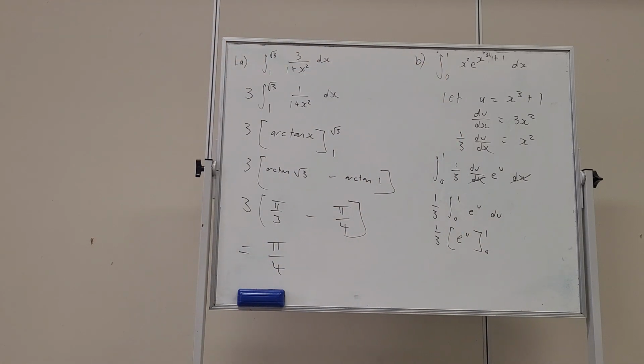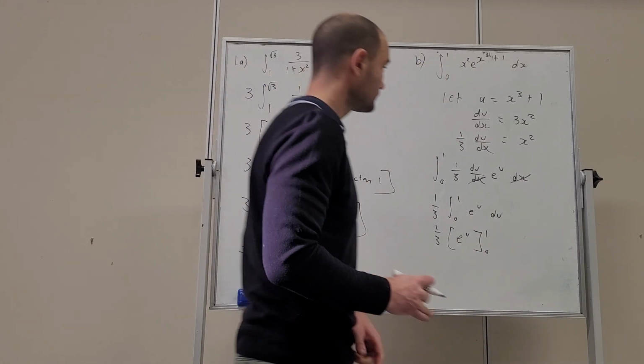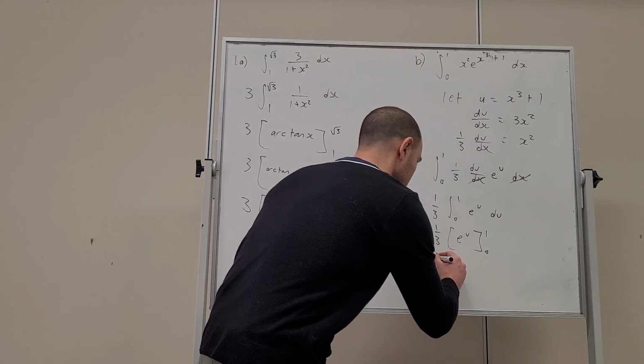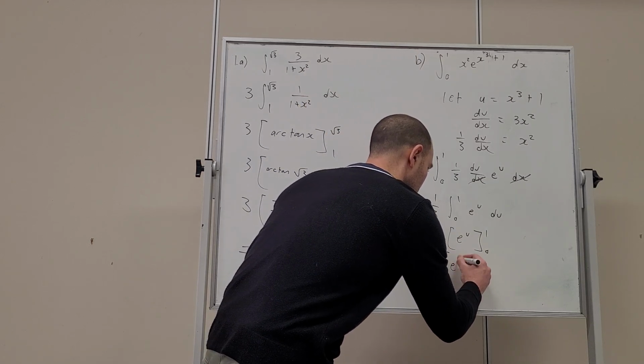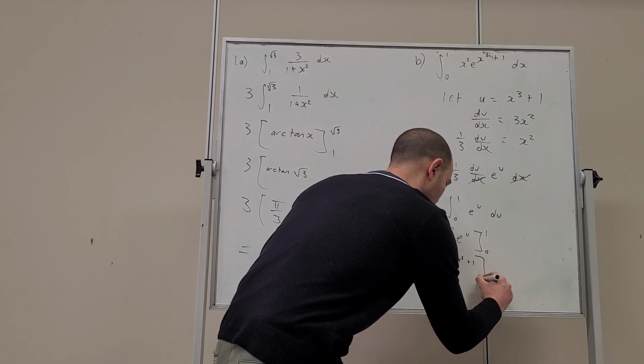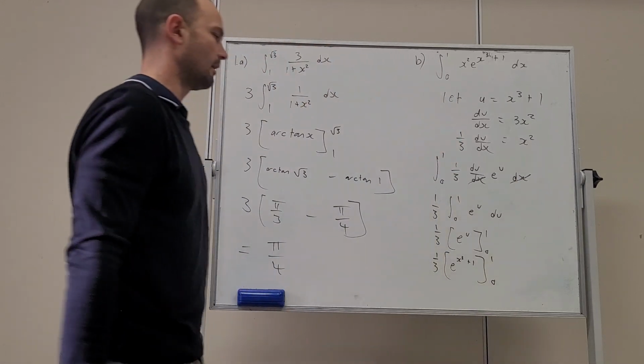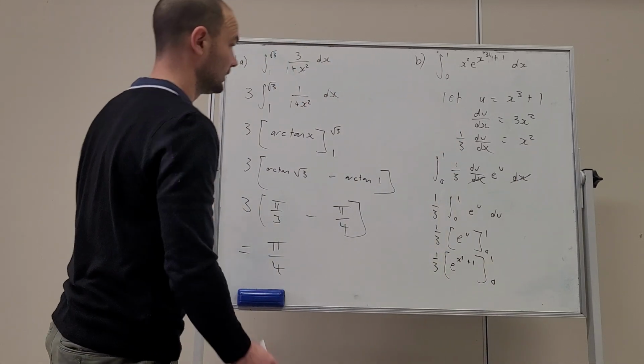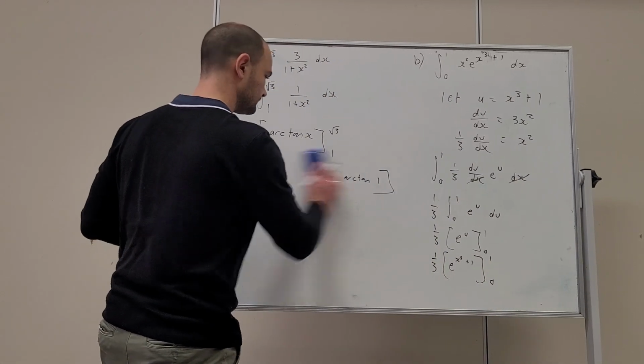Now we can substitute u back in, which is x to the 3 plus 1. And then we'll plug in our 1 and our 0. I'm going to need a little bit more room, so I'll come up here.